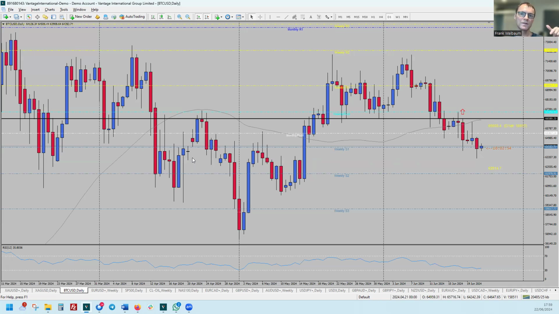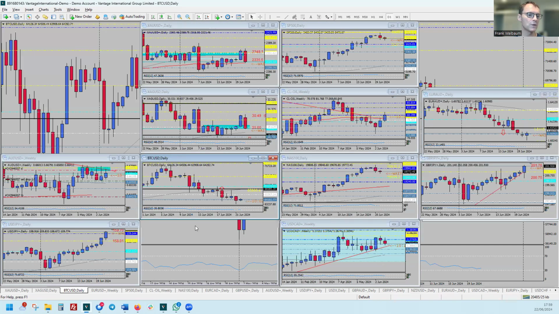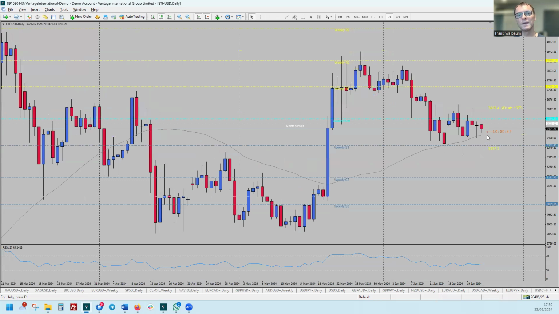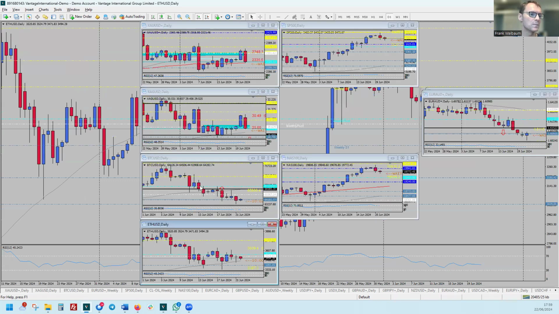Cryptos might hence appreciate a little bit further in the second half of the year. Bitcoin is weakening at the moment. There is not really much positivity as we can observe. We can look at Ether, which is currently on the weaker side of things as well. So the markets in general look a bit shaky as we speak.